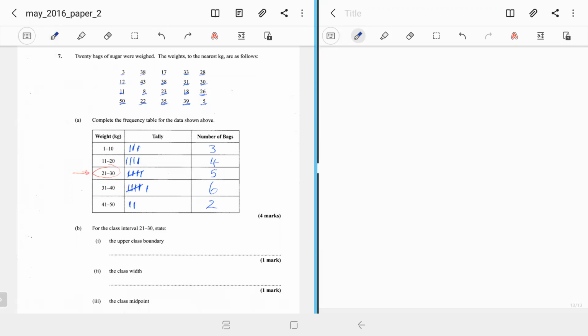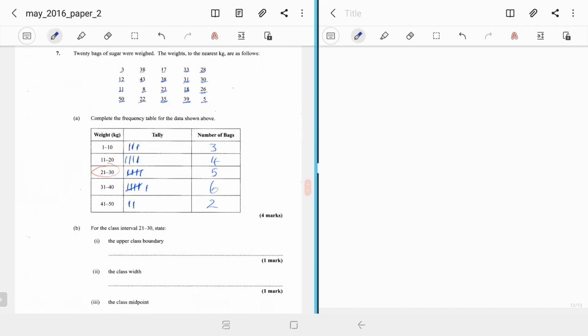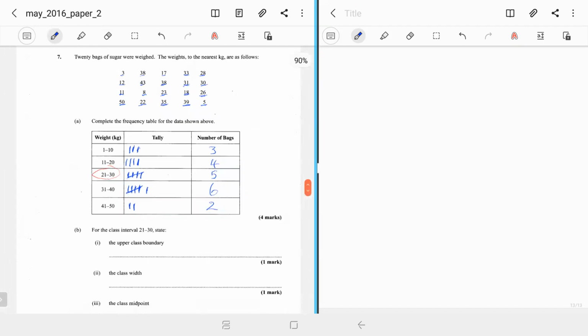So you see, based on those answers, it means that we don't understand the thing fully as yet. Now watch me. This class, which is 21 to 30, means that this end can go all the way up to, can take values up to less than 30.5. Any value that is less than 30.5 is approximately 30.